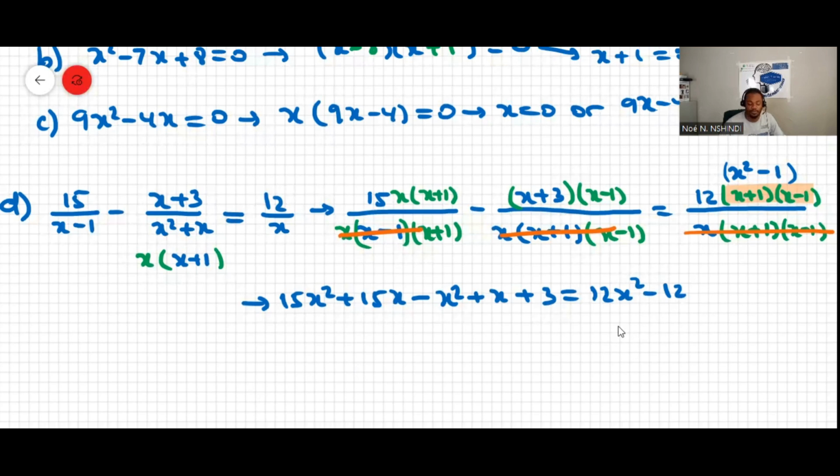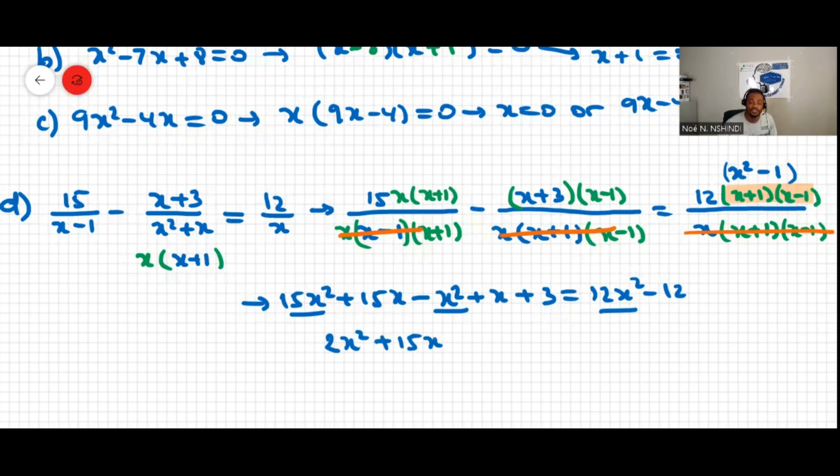Now we can do 15x squared minus 12x squared, because they're both sides of the equal sign. If I move the 12x squared over, it will be 15x squared minus 12x squared. That makes 3x squared, or with the negative here, actually 2x squared. And then plus 15x.